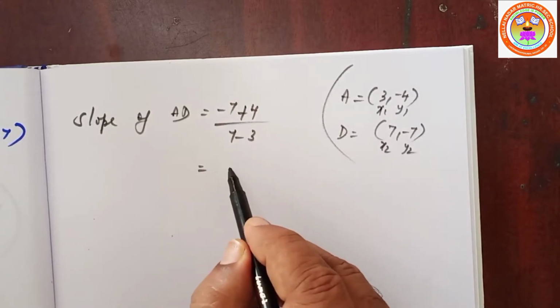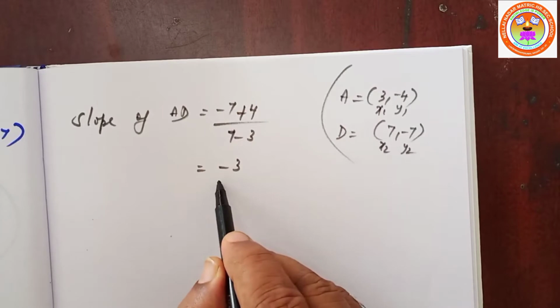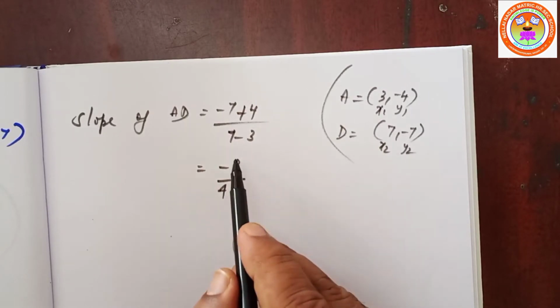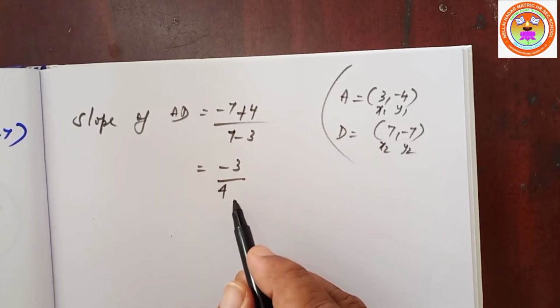Minus 7 plus 4 is equal to minus 3. 7 minus 3 is plus 4. Minus 3 by 4. Look at that.